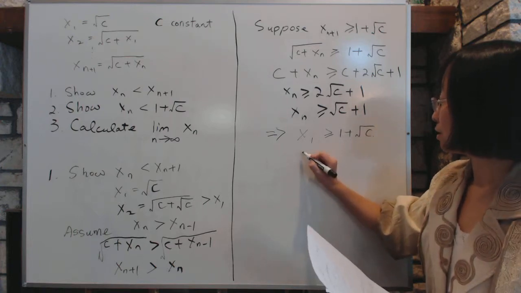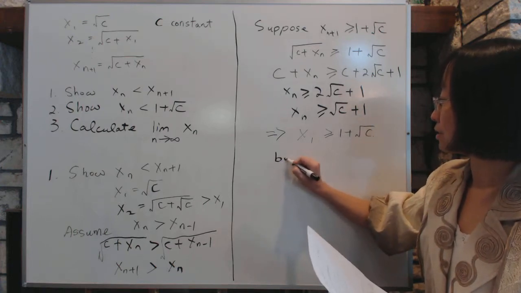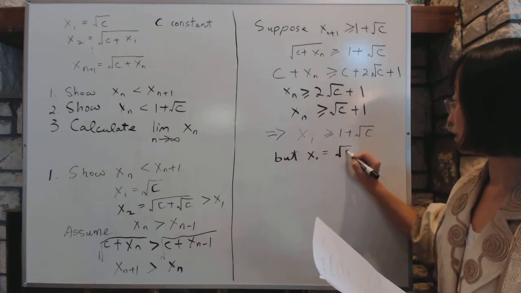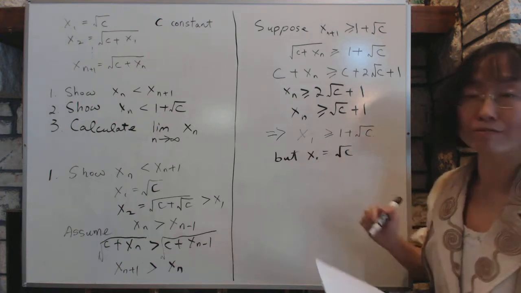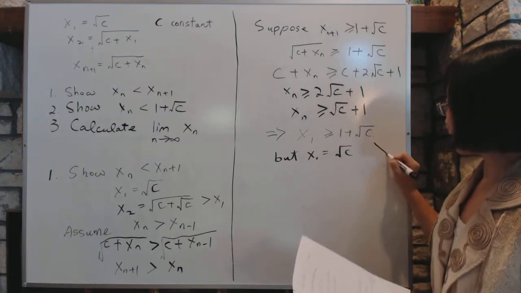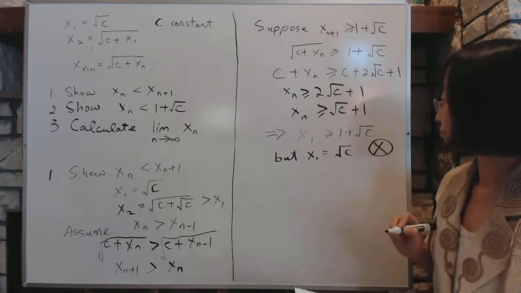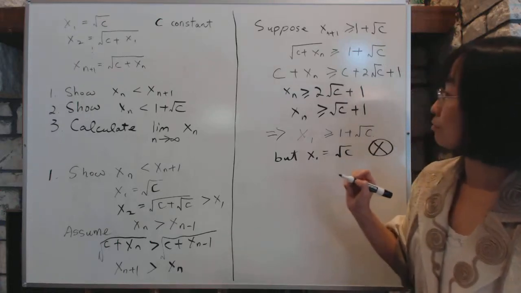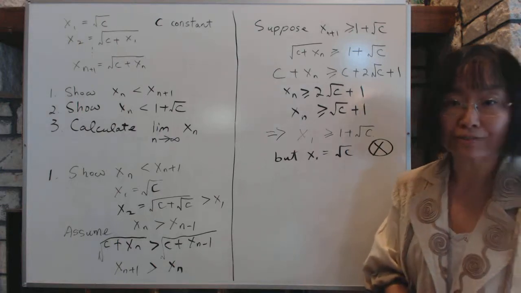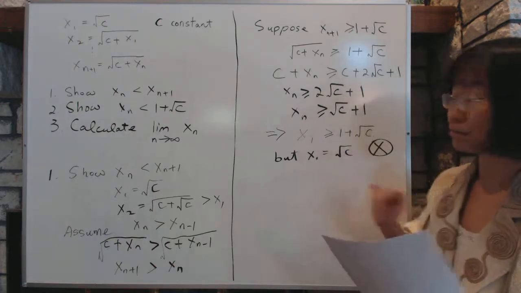But what is x1? x1 equals only the square root of c, and this is definitely no bigger than 1 plus whatever it is. So we arrive at a contradiction. Then we have part 2 proved. And in the next video, we will do part 3. I'm out of board space here.